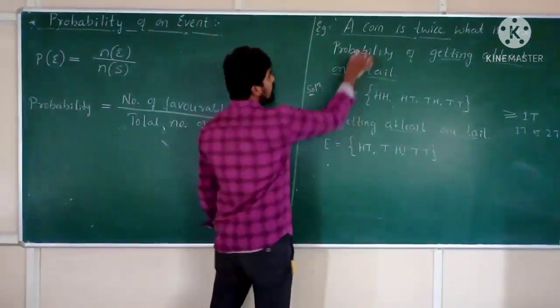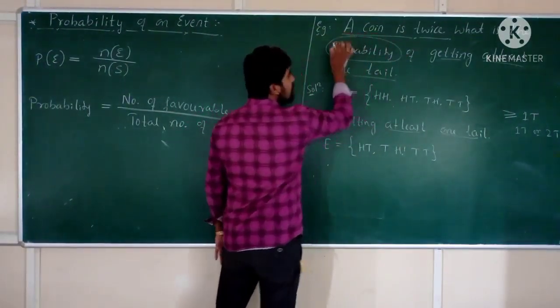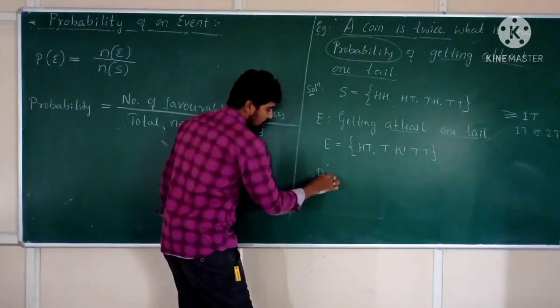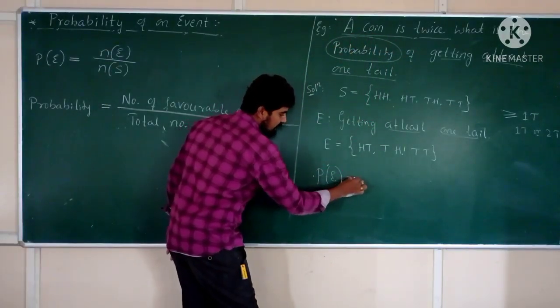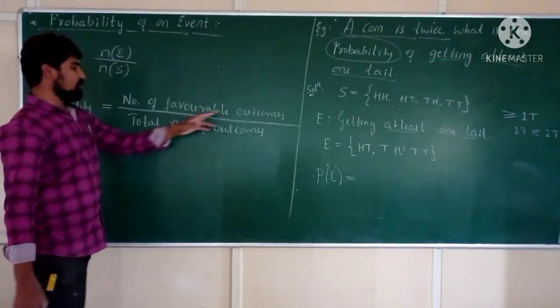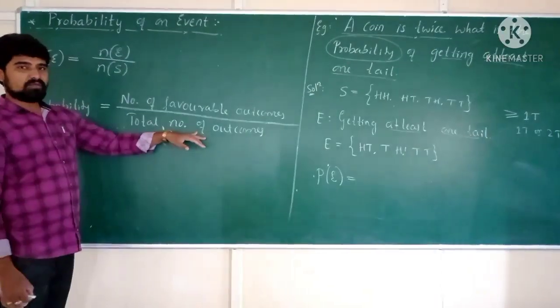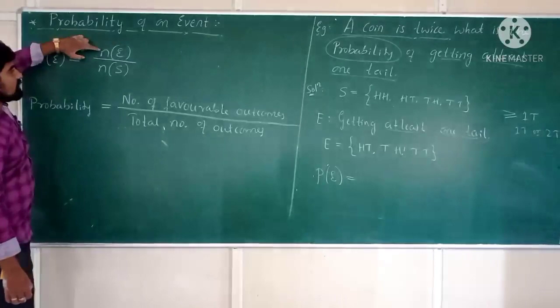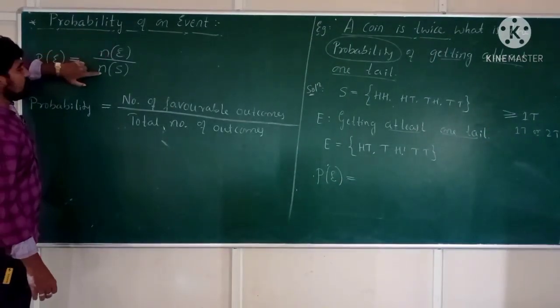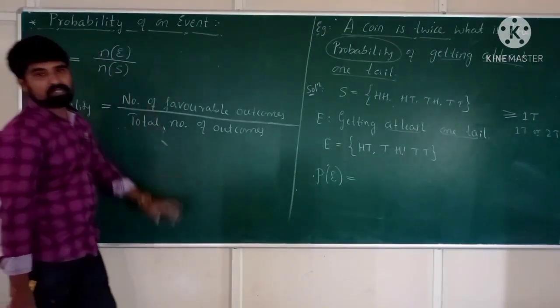Now we need to find out the probability. So therefore, we know that the probability of the event E is given by the number of favorable outcomes divided by the total number of outcomes, or the number of outcomes present in the event E divided by the total number of outcomes present in the sample space.